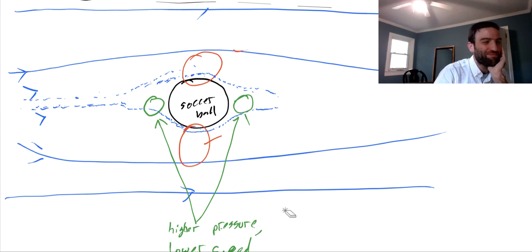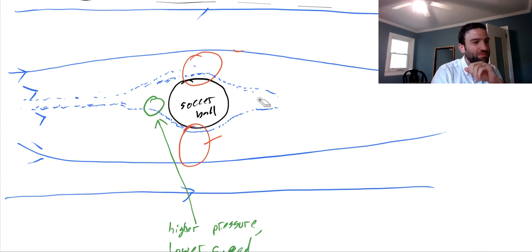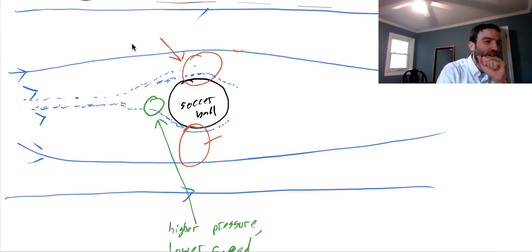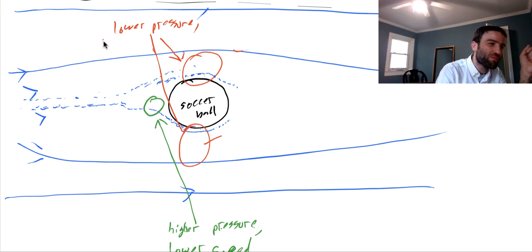Sorry about that. So again, these red regions, just as before, are going to be regions of higher pressure, lower pressure and higher speed. Higher speed flowing air.